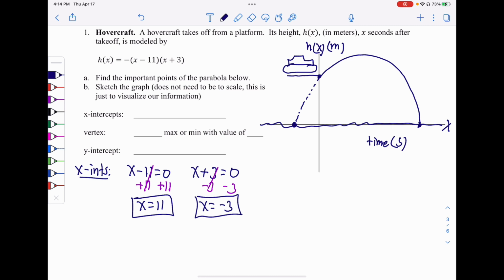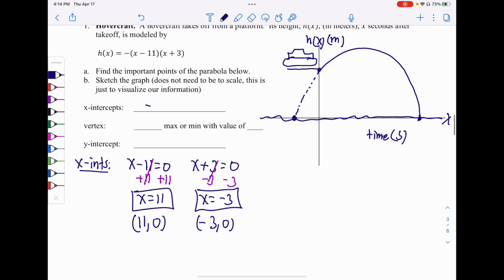So we have our x-intercepts, (11, 0) and (negative 3, 0). And then we're going to apply that to the graph, right? So here's (11, 0). Here's (negative 3, 0). There.